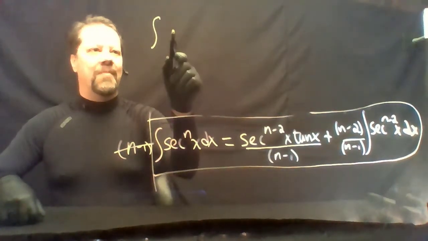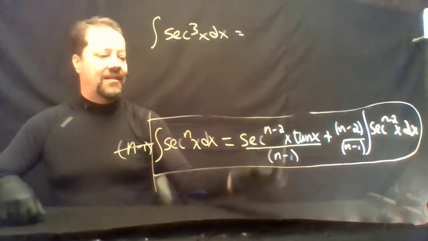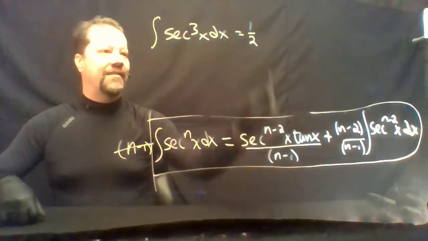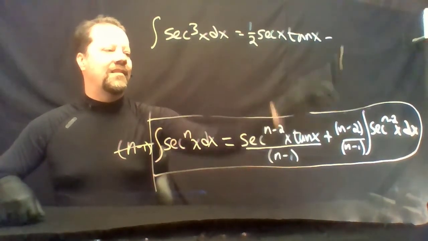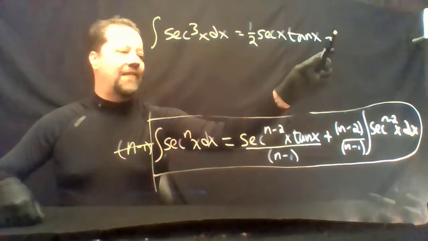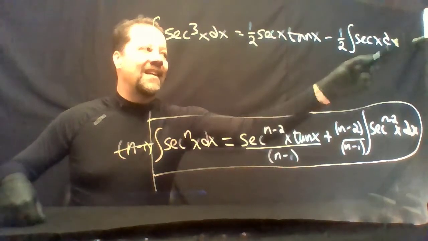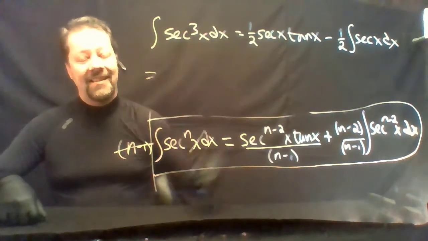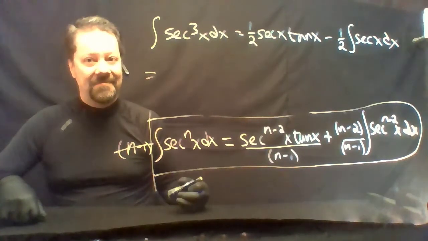So for example, if we're integrating secant cubed x dx, we'll get 1/2 secant x tangent x minus 1/2 the integral of secant x dx. Now, do you remember the integral of secant x dx?